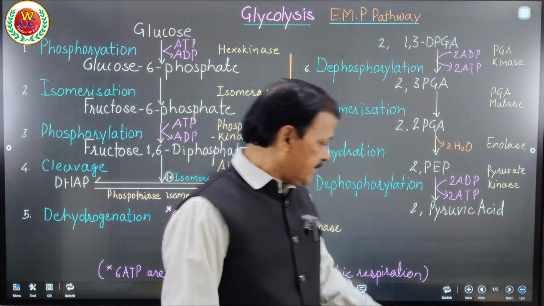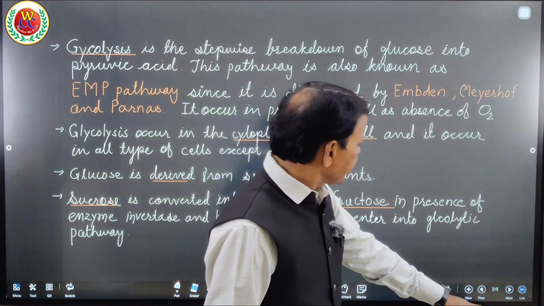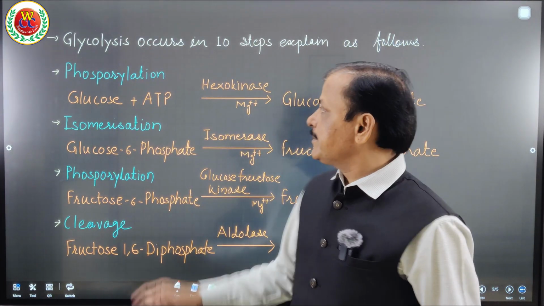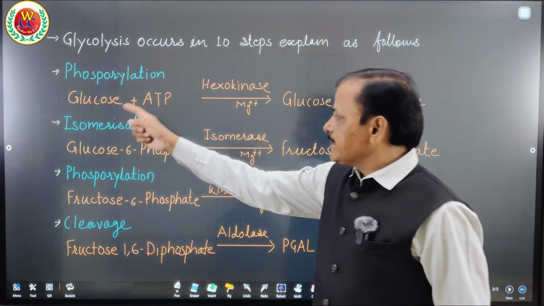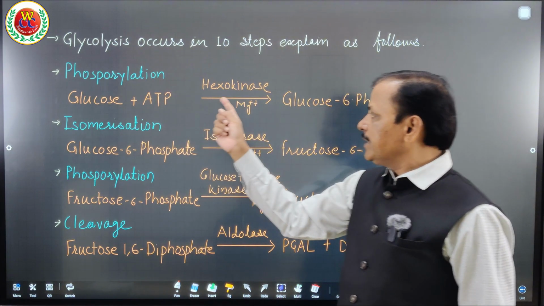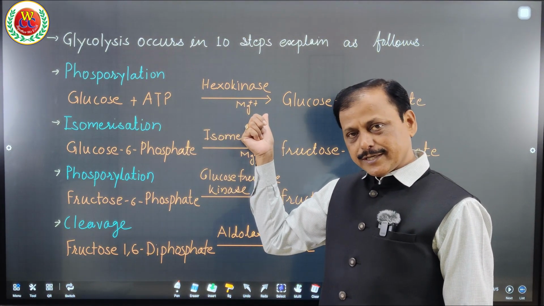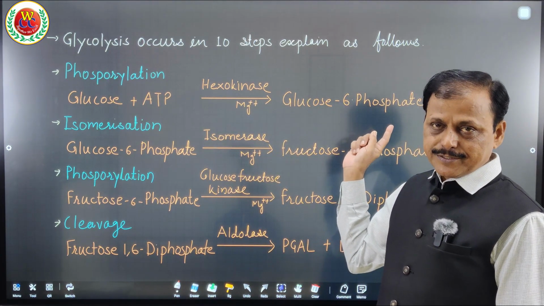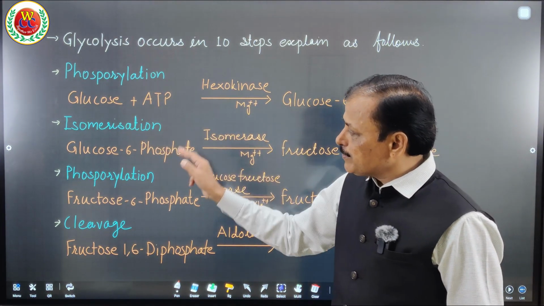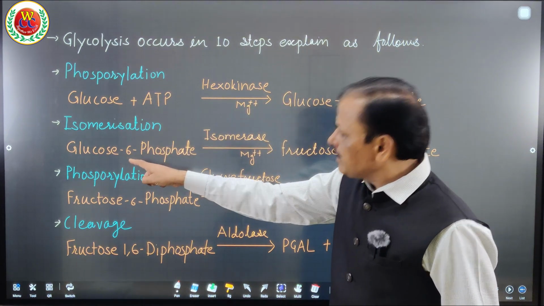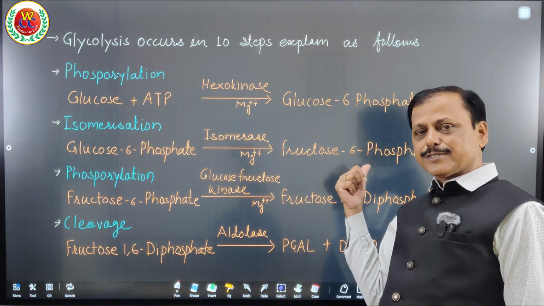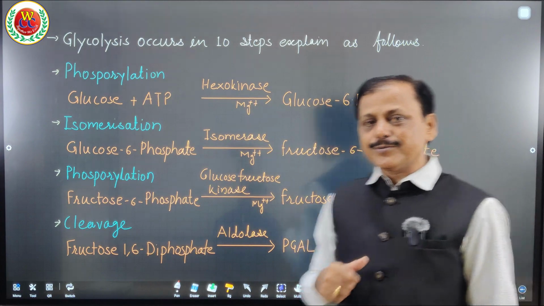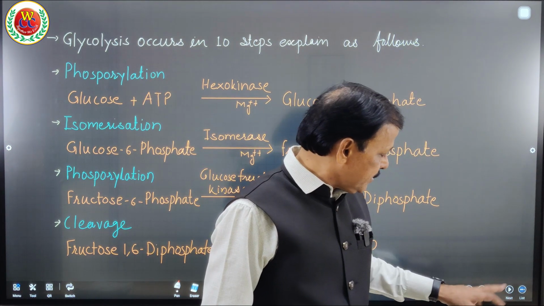Let me show you how I have written it as a chemical reaction. This is the first step. Phosphorylation: glucose plus ATP in the presence of hexokinase and magnesium as a cofactor to produce glucose 6-phosphate. Second step, isomerization: the same glucose 6-phosphate undergoes isomerization to produce fructose 6-phosphate. These are the steps we have to write as notes, and I have given them as notes.